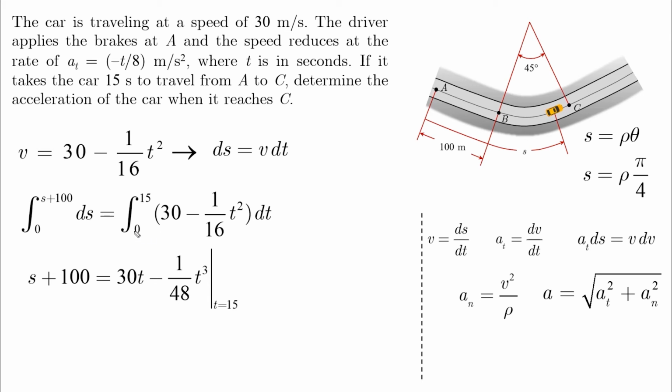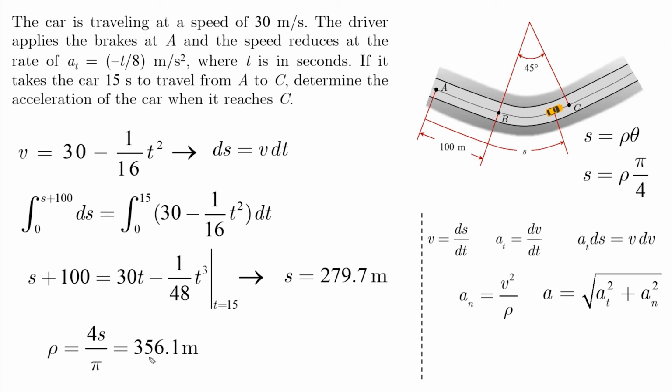And after 100 meters plus s, the time is 15 seconds. And if we do that, you will find out that s is your only unknown, and you can find it to be 279.7 meters.